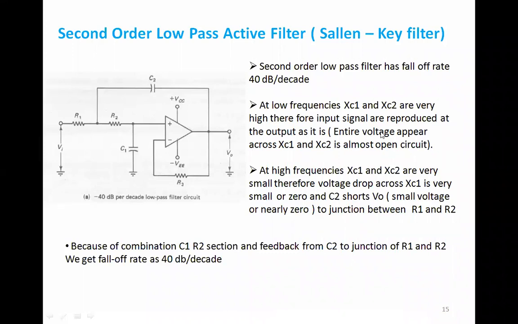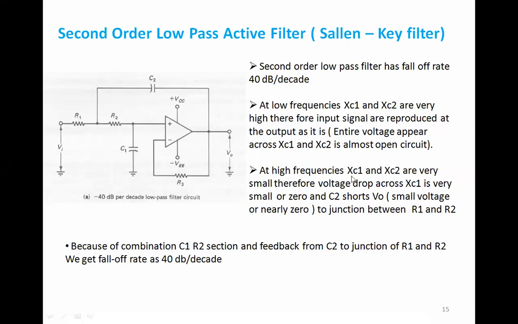The entire voltage will appear across XC1 and XC2, which is almost an open circuit. Similarly, as we saw in low pass, whenever the reactance is high, meaning low frequency, there is not going to be any attenuation. For the first order and second order, the explanation or theory that you're going to write is the same, just that the circuit changes and the fall off rate changes.